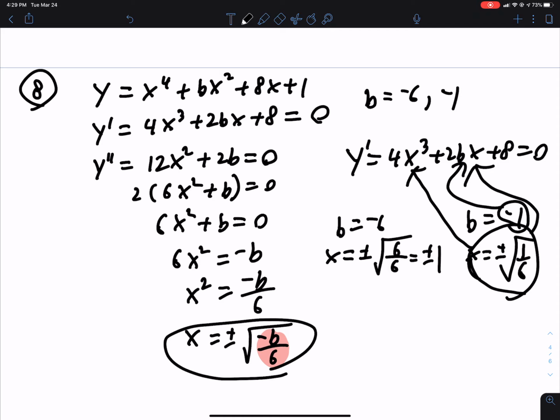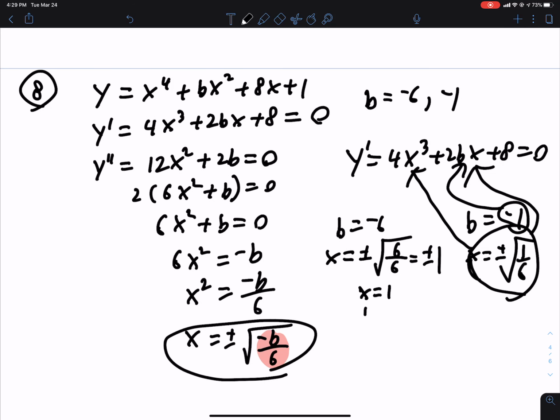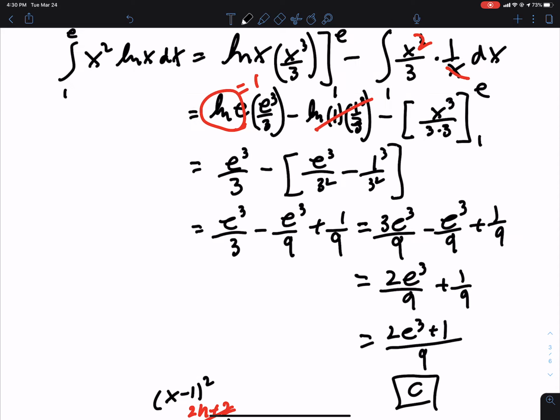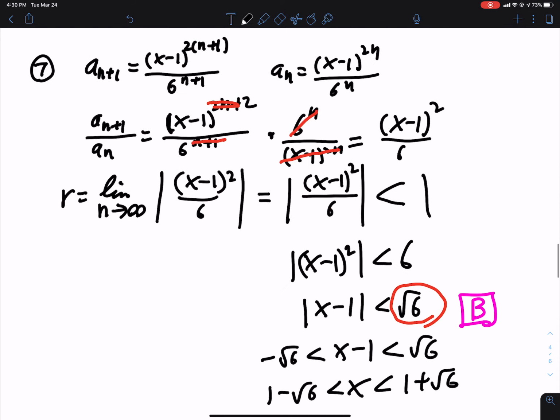So let's plug in our 1. We'll do x equals 1, b equals -6 into this equation right here. When I plug that in, I'm going to get 4 times 1 cubed plus 2 times b, which is -6, times x, which is 1, plus 8 must be 0.